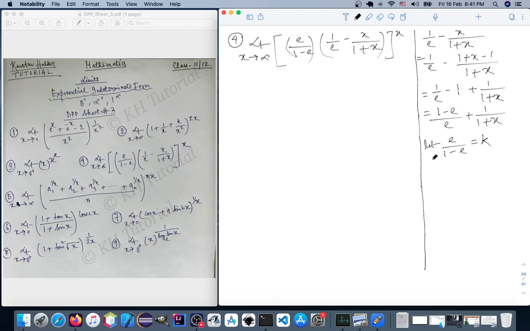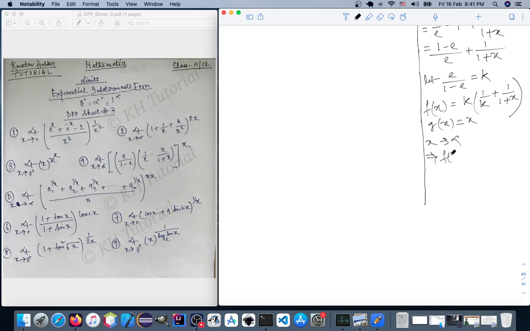So now f(x) becomes k multiplied by (1 by k plus 1 by 1 plus x), and g(x) is x.